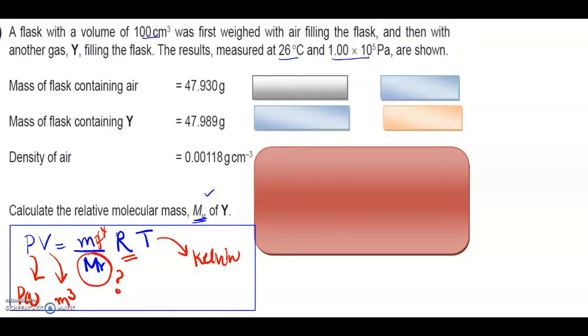To calculate the mass of Y, you are not directly provided with it. Instead, the mass of flask containing air is given, and the mass of flask containing Y is given. So how can we calculate the mass of Y?